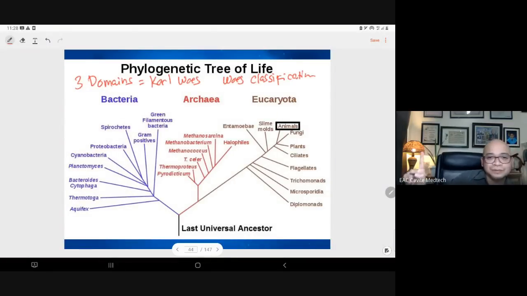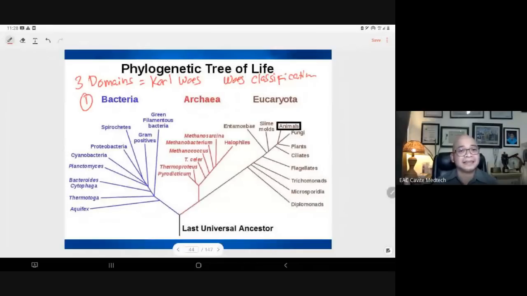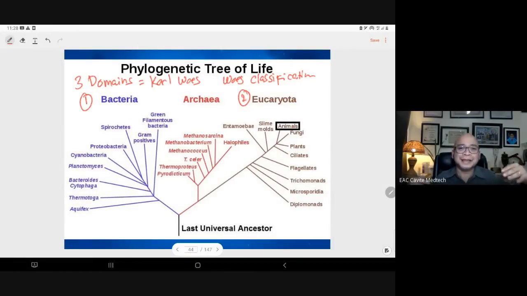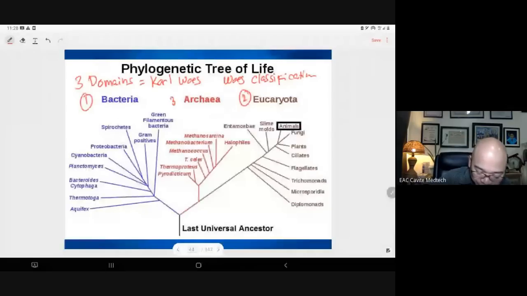And according to Carl Woese, there are three main domains. The first domain is the domain bacteria. The second domain is the eukarya or eukaryota. And somewhere in between bacteria and eukaryota is the archaea, archaeobacteria. Okay? So the archaeobacteria are somehow interrelated to eukaryota and interrelated to bacteria.